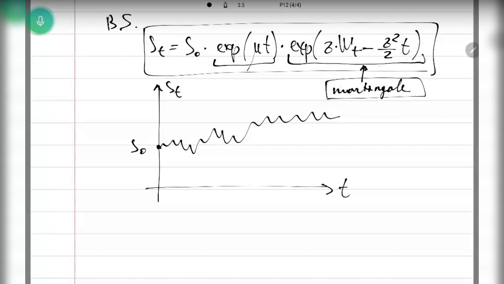Okay, let's consider the discounted share price. We have R, the risk-free interest rate.